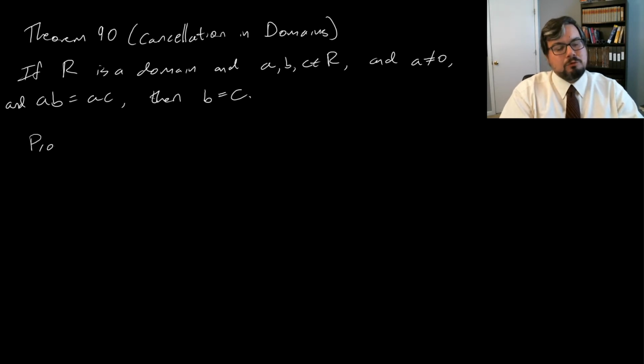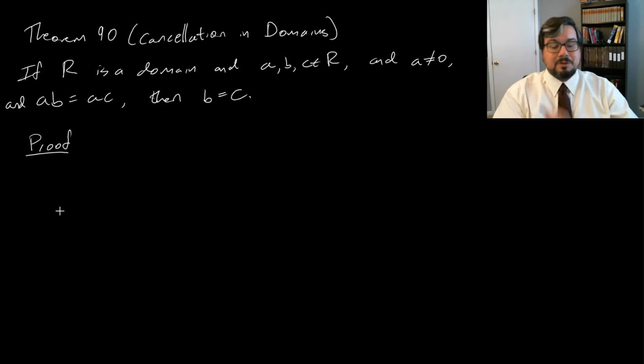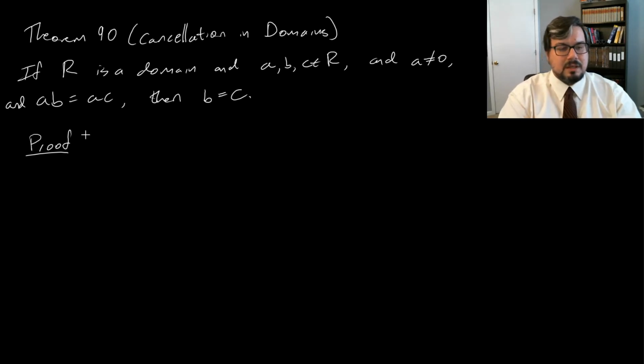So let's see the proof. And the proof of this is a pretty simple example about how we can use the properties of rings to really manipulate equations in ways that are somewhat familiar to us from elementary algebra, but that work in the more abstract setting.